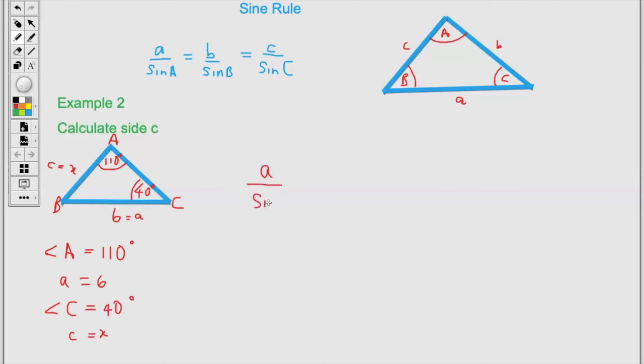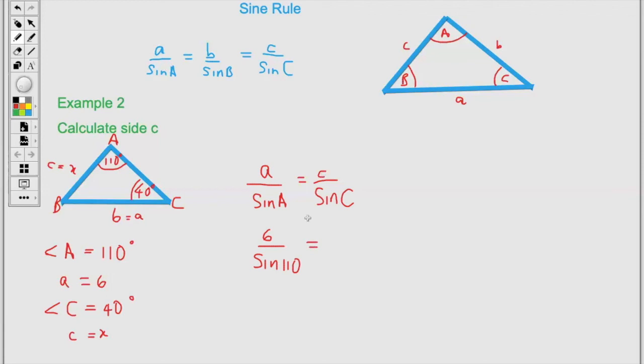So you're not going to use all three parts, but only a pair. In this case, because we have the information for a and the angle for C, that is why I'm using a over sine A is equal to c over sine C. Now we have a to be 6 and the angle A is 110. So I'm just filling in the information that we have here.